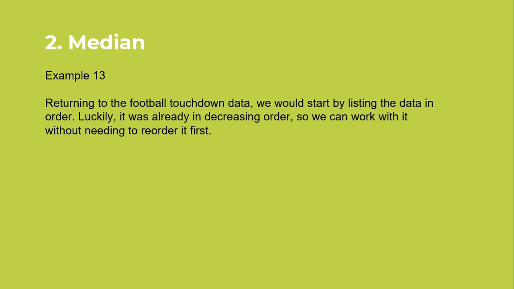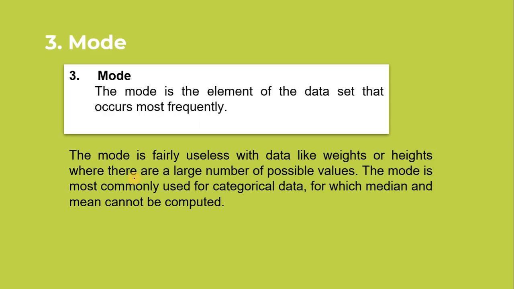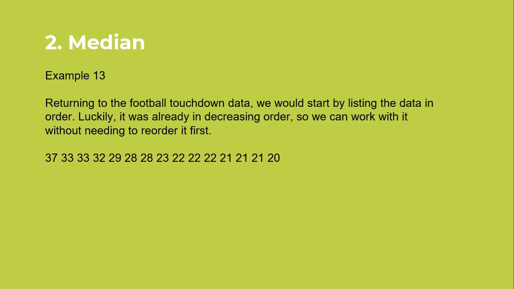So returning to the football touchdown data, we would start listing the data. For example, we have these examples here in the frequency. So the context is in your SLHT. So we have these values for the touchdowns. And then reorder them into the arranged order. Okay, so if you do that, count where the median is.